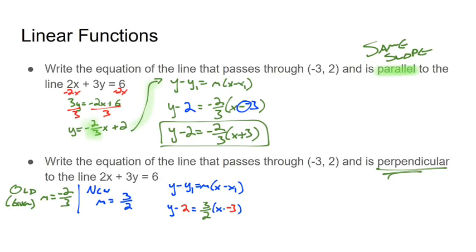And then your last step of simplification has been that way for several of these problems. We're just going to change subtracting a negative into adding a positive. So this would be our perpendicular line. This would be our parallel line. The process is very similar, but here's what you've got to remember. With parallel, the slope's the same. With perpendicular, you're going to do the opposite reciprocal slope.